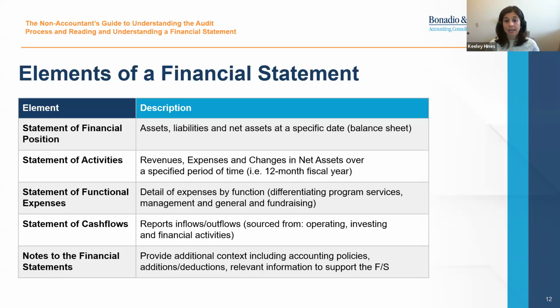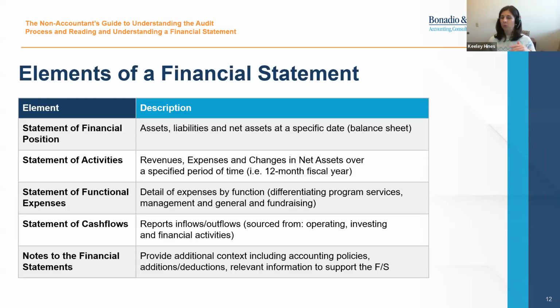Your financial statements, if prepared and presented in accordance with U.S. generally accepted accounting principles, will include a statement of functional expenses. Think about it as if you were taking a look at that statement of activities that we just talked about. You're going to zero in on that expense number or numbers, and then say, I want to drill down even further.